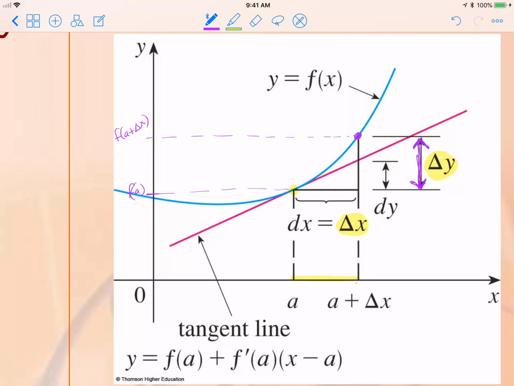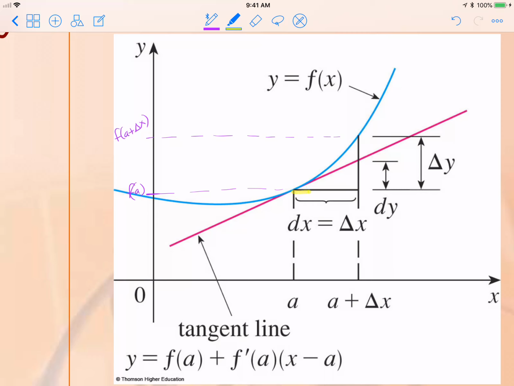So increments go with linear approximations. Differentials are slightly different. Now here's the deal. For a differential, dx, you choose dx. So in the picture, dx is the same as your increment in x.